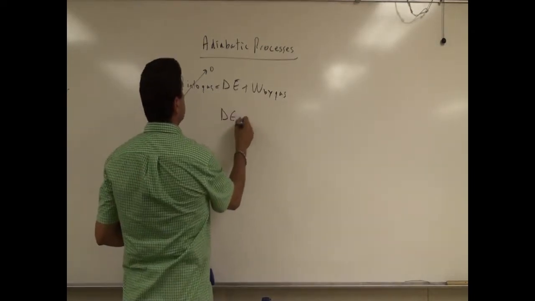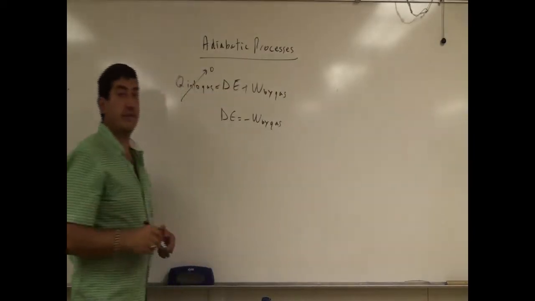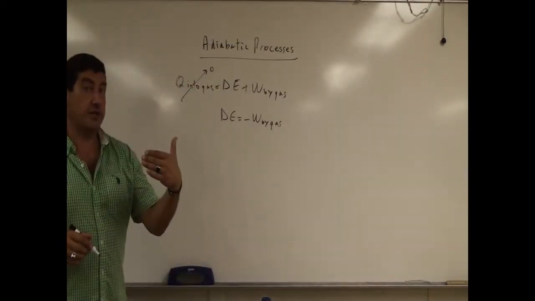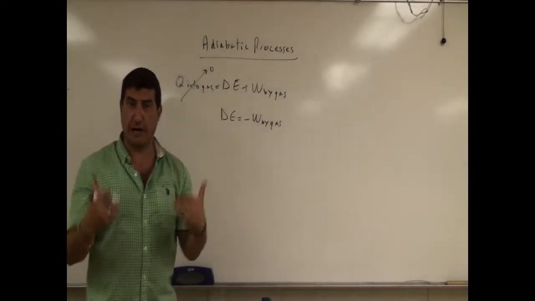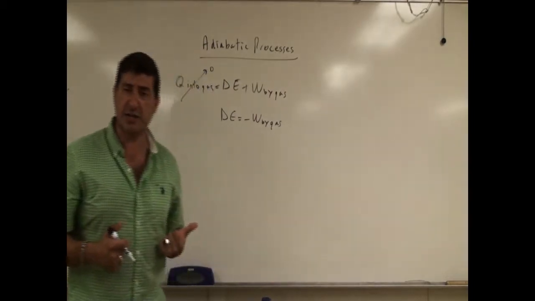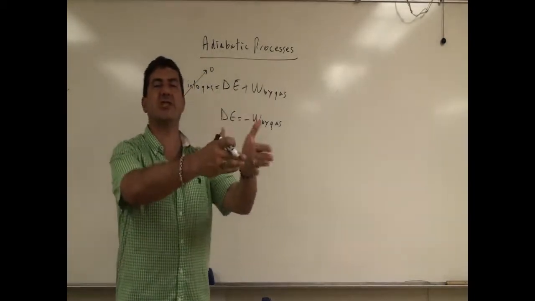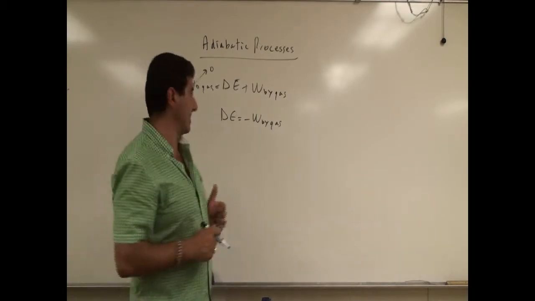So the change in internal energy equals negative the work done by the gas, and therefore we find that the temperature of the gas will drop, and it might turn into a liquid. In the case of the carbon dioxide fire extinguisher, it will turn from a gas to a solid, right? It will turn into dry ice.